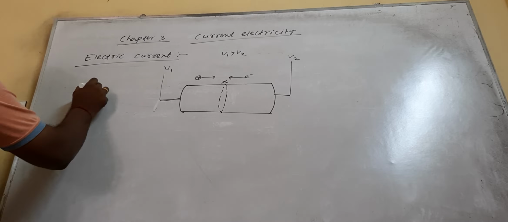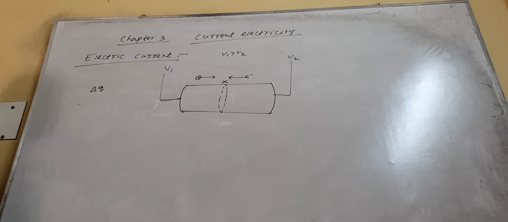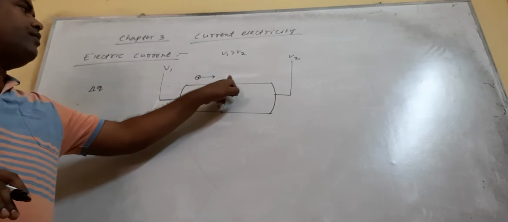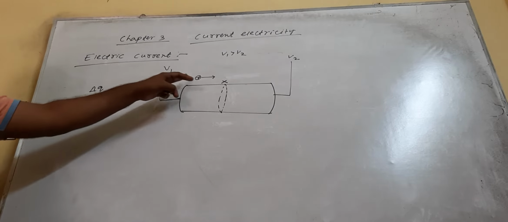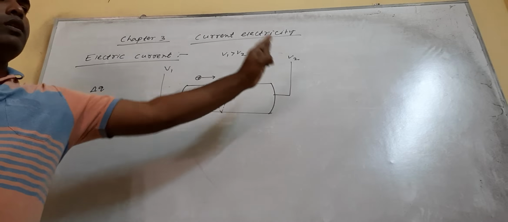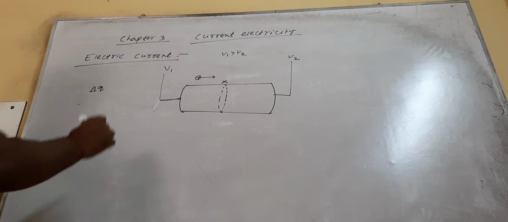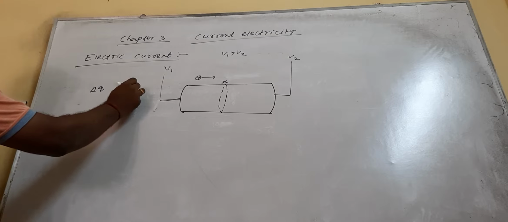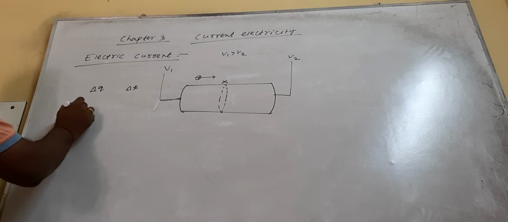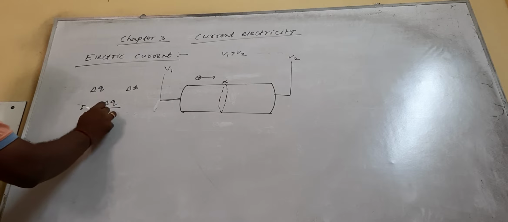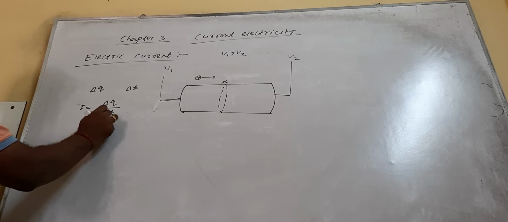Now only consider the flow of positive charge, not the flow of electrons. The positive charge flows from higher potential to lower potential. If delta Q is the amount of charge that flows in time delta T, then what is the current? I is equal to delta Q by delta T.